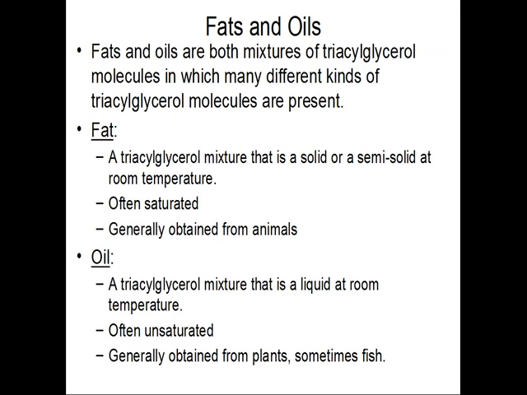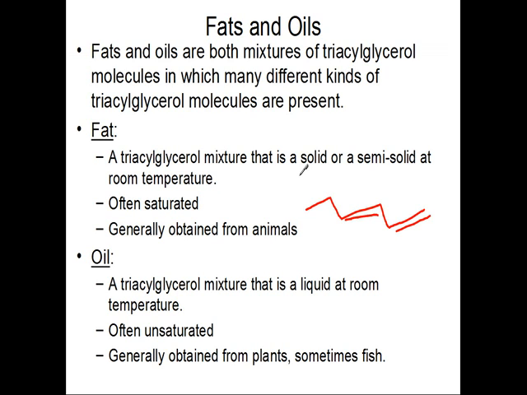Now, if you remember way back to talking about physical properties back in chapter 12 and 13, the more unsaturation, so the more double bonds we have, the lower the boiling point gets, and therefore the lower the melting point gets. They track together.